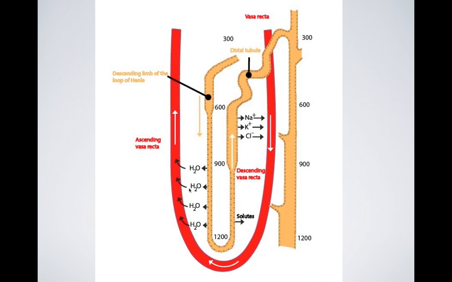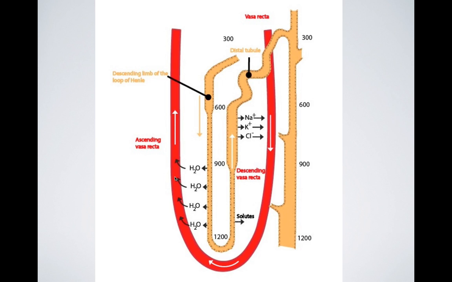But remember that water only flows towards regions of higher osmolarity. So to get water from here to here, that must mean that the osmolarity at this point in the blood is high, because water will only go there if the osmolarity is higher.